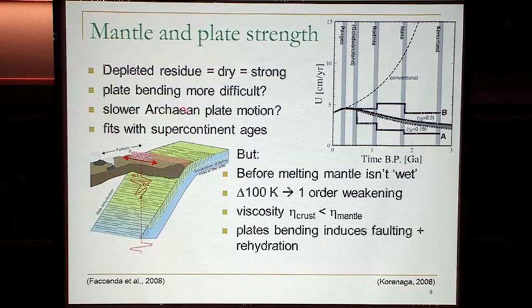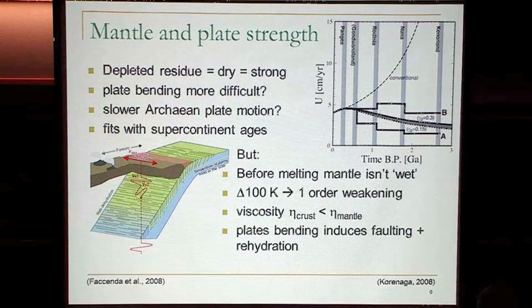And then there might be rehydration of the plate in bending when it enters the subduction zone, which might weaken the plate as well. So the plate strength is still not completely resolved. Actually, rheology is always one of the key uncertainties in geodynamical models, but it looks like plates are actually weaker rather than stronger if you increase mantle temperature.